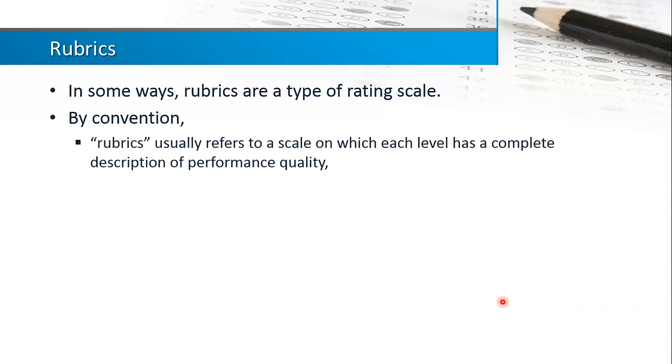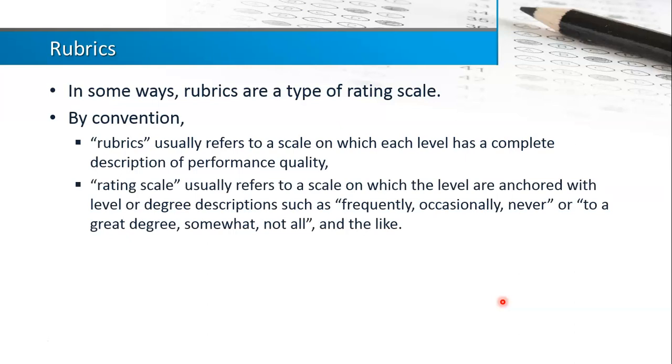But however, in convention, rubrics always refers to a scale in which each level has a complete description of performance quality, meaning it has maybe, for example, 1 to 2. So what kind of quality is that? Okay, for rubrics. However, for rating scale is quite general.